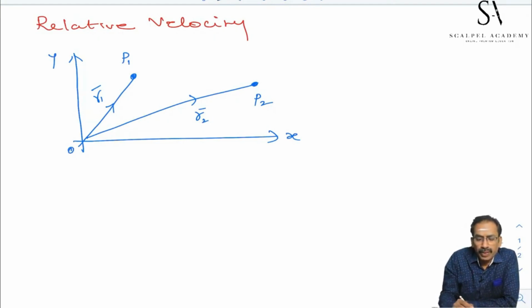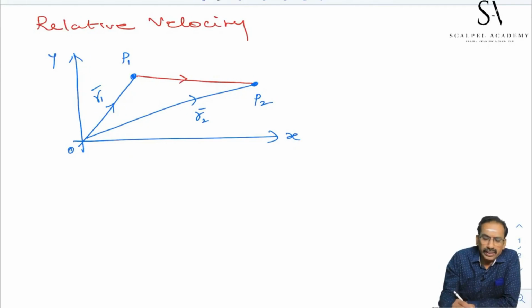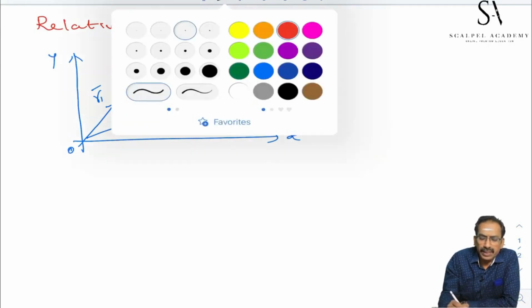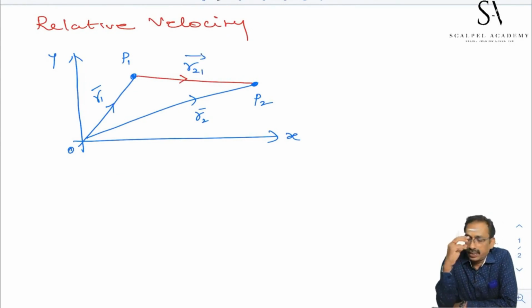P1 to P2, if you draw a vector, usually people say R12 vector. That's correct. But here I am locating P2 with respect to P1, the relative position. So this must be represented as R21, the location of the second particle with respect to the first particle.